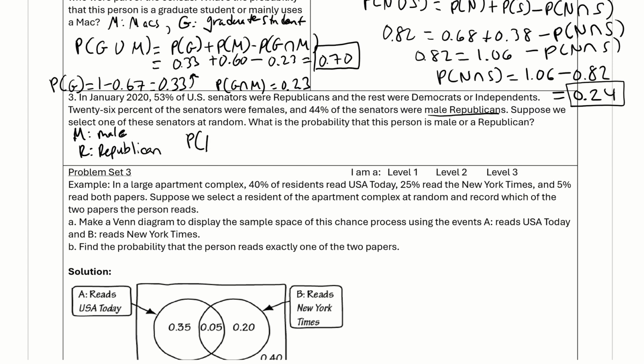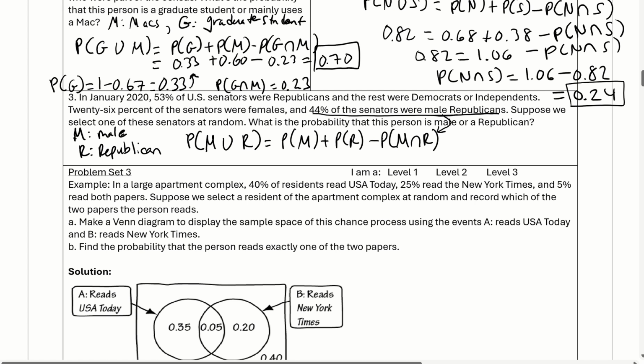They want the probability of male or Republican. So it's the probability of male plus the probability of Republican minus the probability of male and Republican. Now, 44% were male Republicans, so that's 0.44. 26% were female, so that's the probability of females.